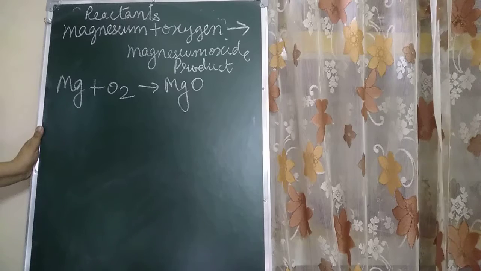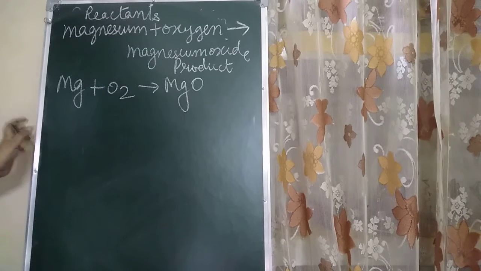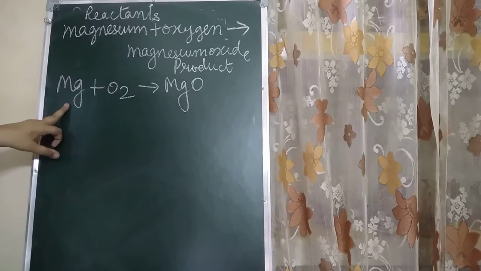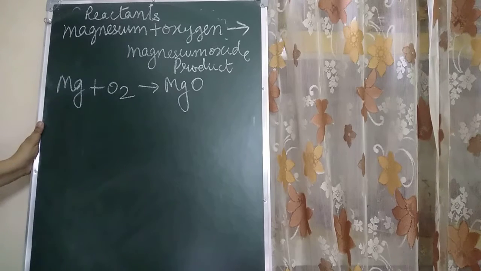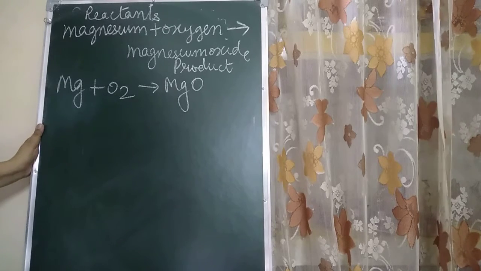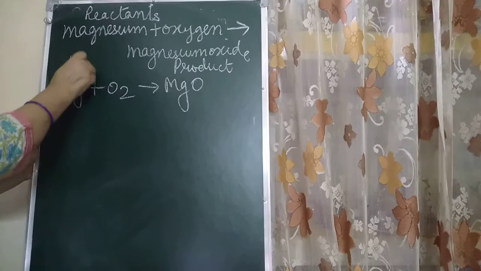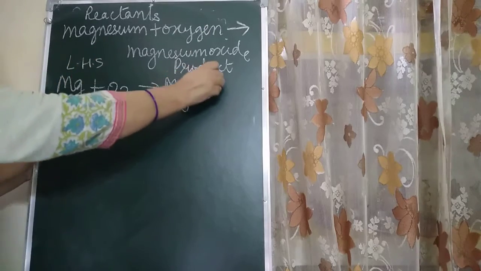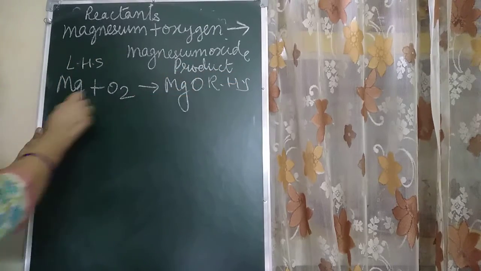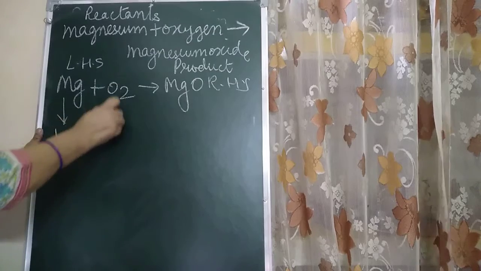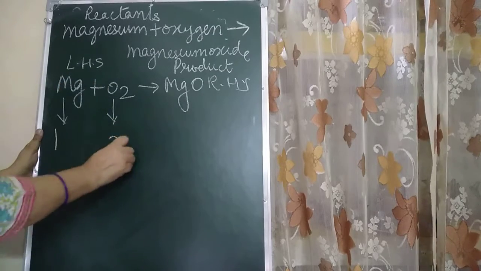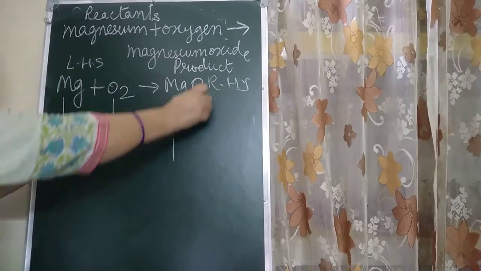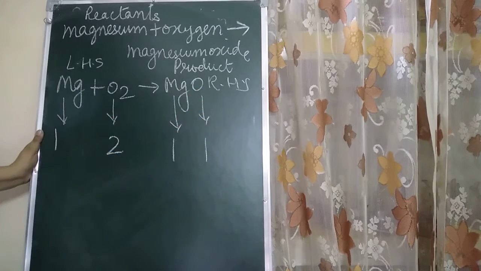Now you have to see the number of atoms on the left hand side and the right hand side, children. Number of magnesium 1, number of oxygen atoms 2; here magnesium 1, here oxygen 1.